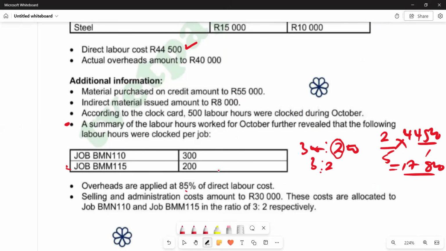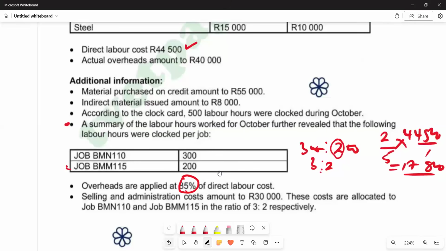We are told that overheads are applied at 85% of direct labor costs. Very simple. So applied manufacturing overheads is 85% of direct labor costs, which is very important.